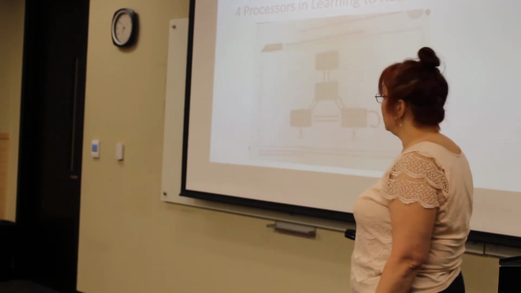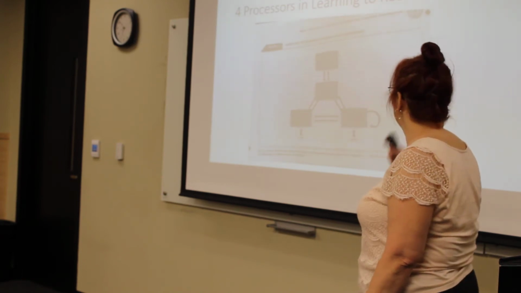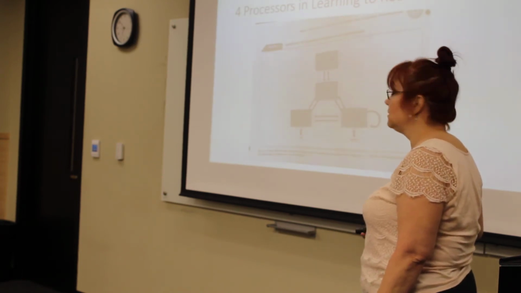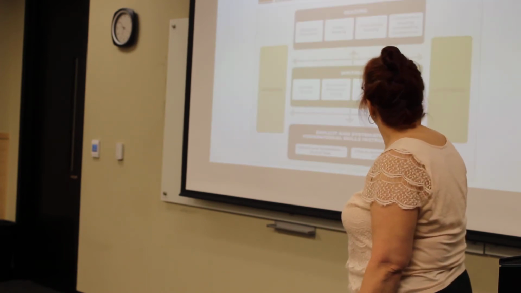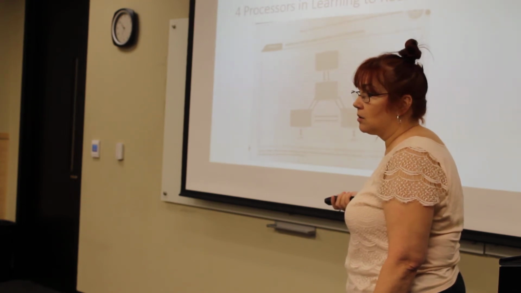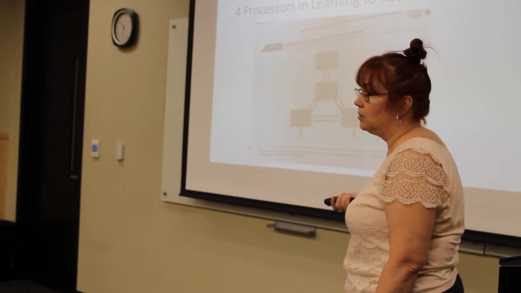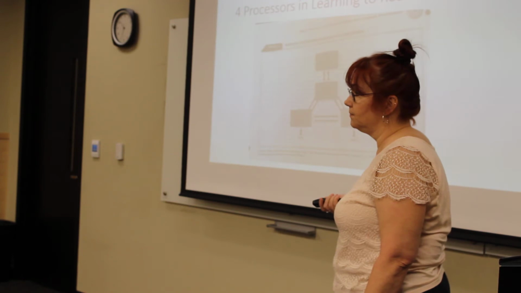This is what it looks like in your book, but I wanted to give you kind of the background of what all 4 of those mean and what they are and how they interact. It is figure 1.1 in my book, so I'm not sure where it's going to show the figure in your new edition.